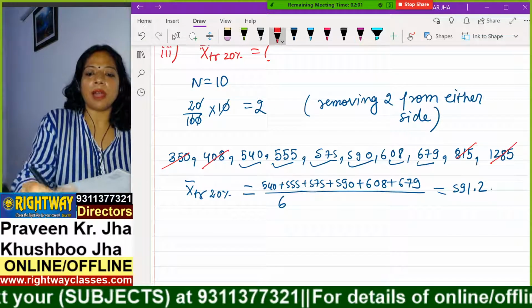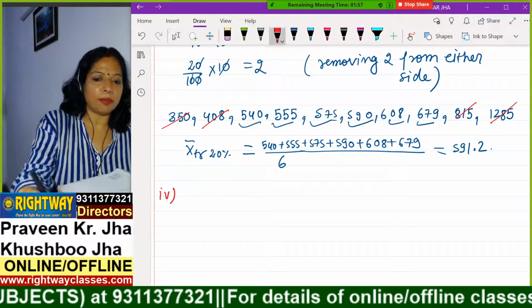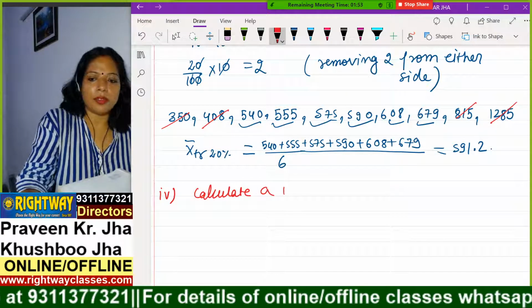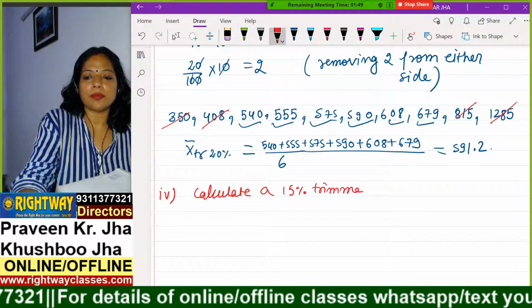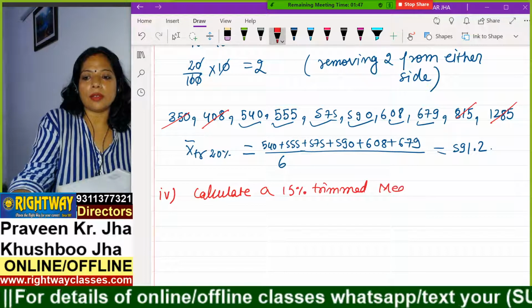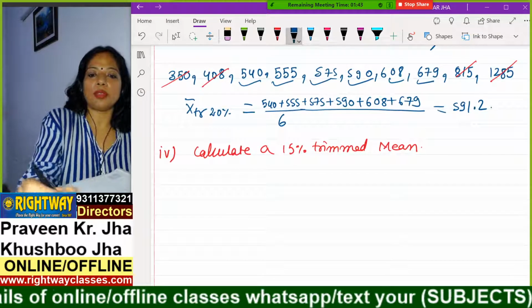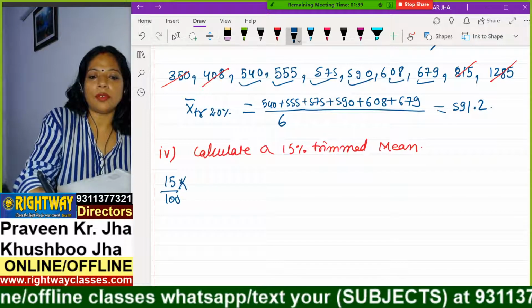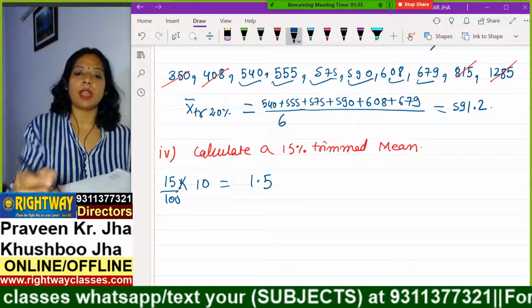But the next part is going to be somewhat tough for you, and this is the last part, D part. Calculate a 15% trimmed mean. Now see, 15% of 10 observations means 1.5.